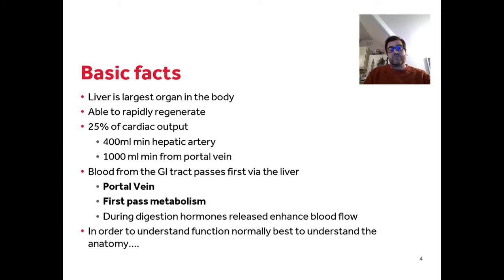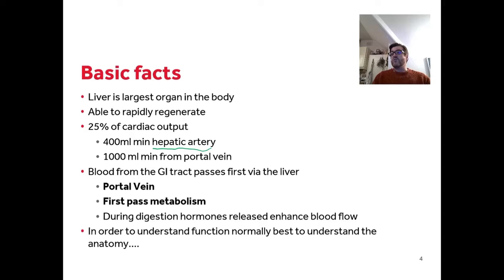And it has two blood supplies. We have a blood supply from the hepatic artery. Now, the hepatic artery is what we would consider the main arterial branch from the aorta, which runs all the way through your body.